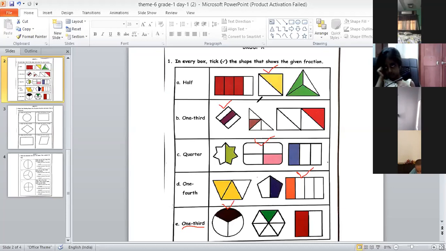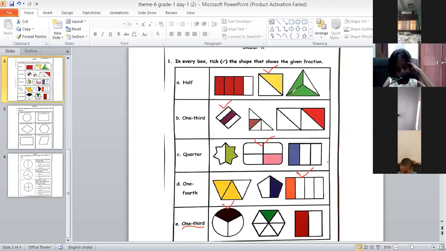So this shape is representing which fraction? 1/6. Yes, it is representing 1/6 because the shape is divided totally into 6 parts.